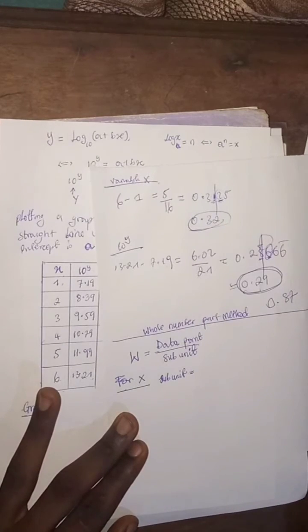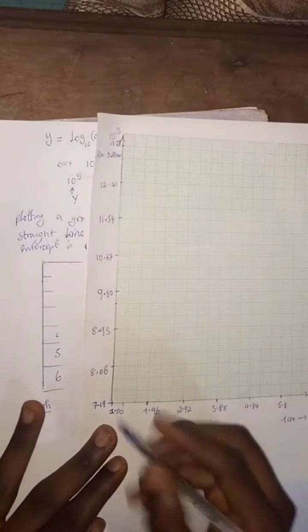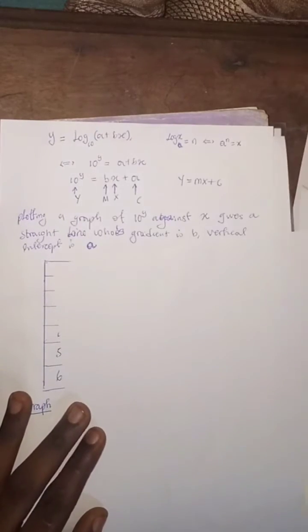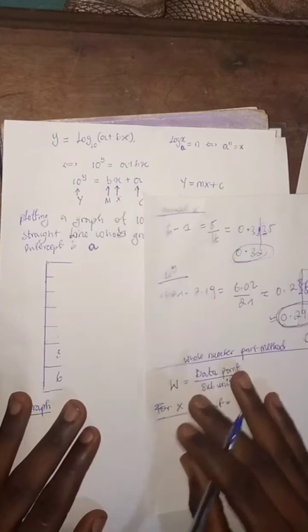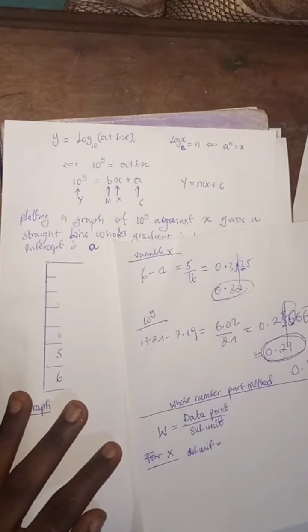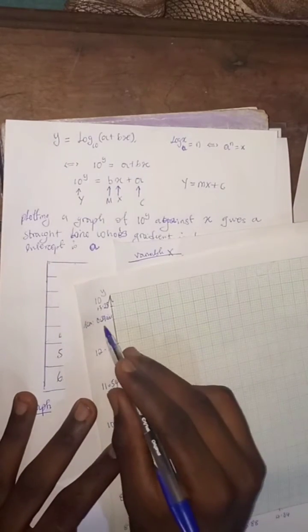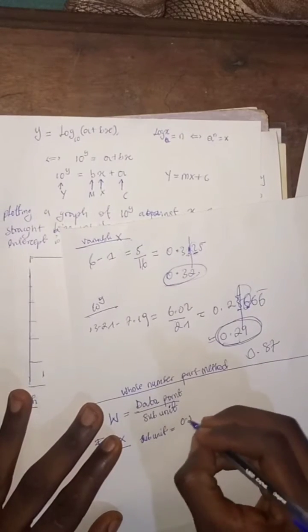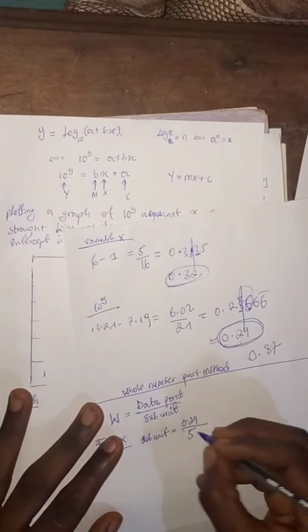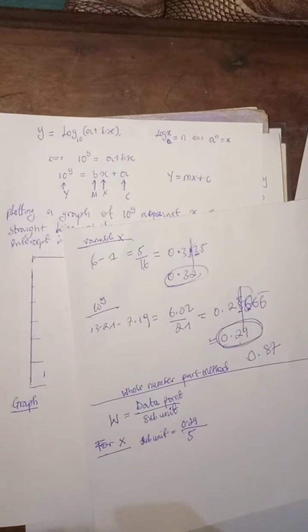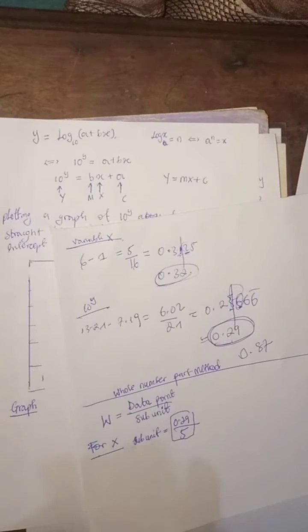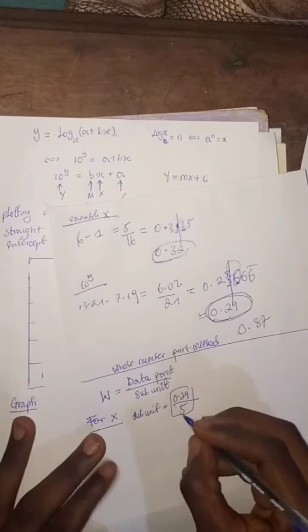Since there are 5 of those small lines here, 1, 2, 3, 4, 5, I'm going to take the scale for 1 centimeter, which I chose to be 0.2, divided by 5, and that will give me my subunit. You must not simplify. You can leave it the way it is. Don't simplify. Keep it like that. So this is my subunit.